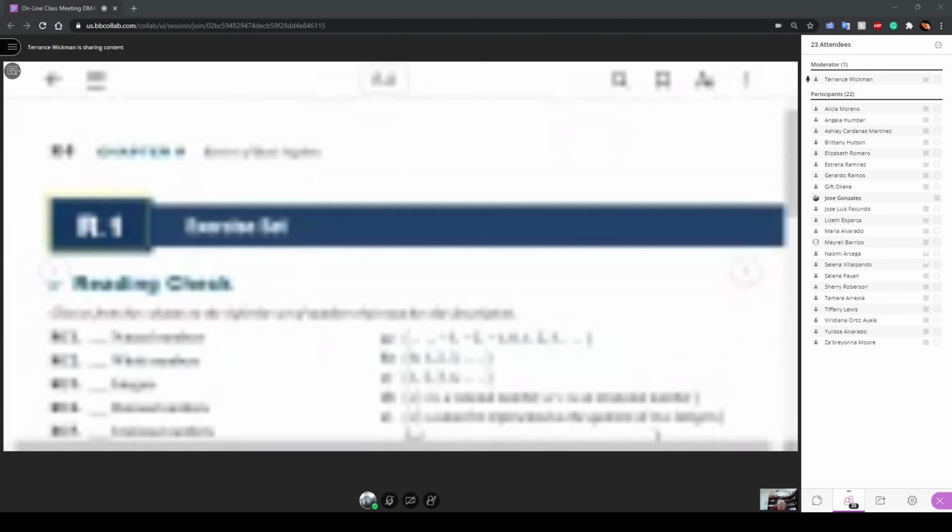It's not matching up. See, this is R1, but it goes R8.